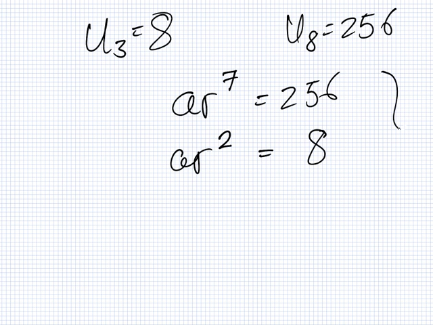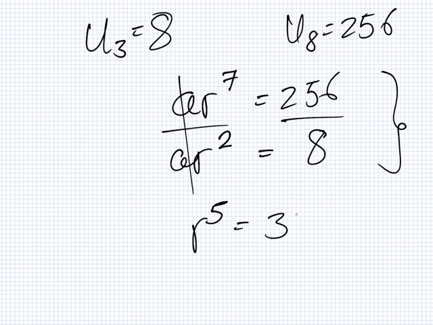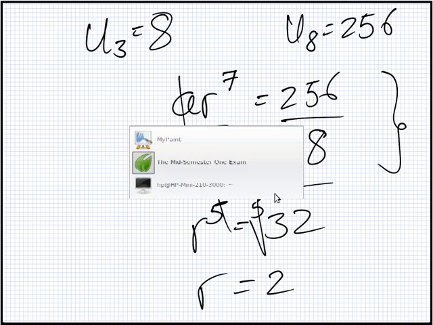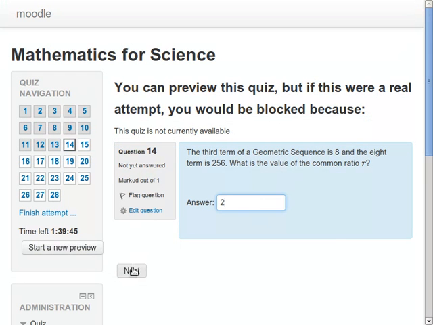How can I solve these? Divide them. r^5 equals 32, so r equals 2. The fifth root of 32, so 2 is the answer. If you wrote 2, I gave you the mark just now for it. Next.